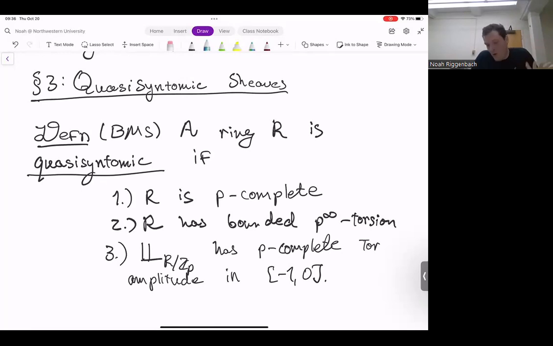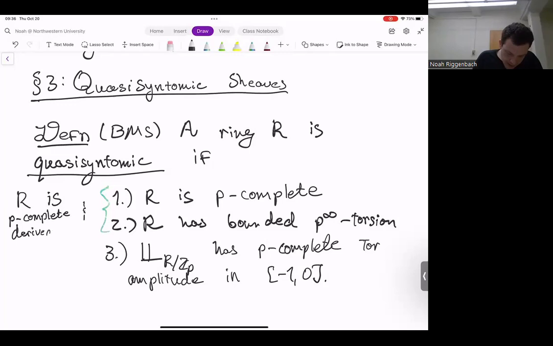Okay, and so, what does this actually mean? Well, these first two conditions are saying that R is P complete, so we're only working one prime at a time, and derived P complete. So it's a technical condition so that we don't have to worry about the difference between P complete and derived P complete. If R is the P completion of a Noetherian ring, for example, you don't need to worry about this bounded P infinity torsion stuff.